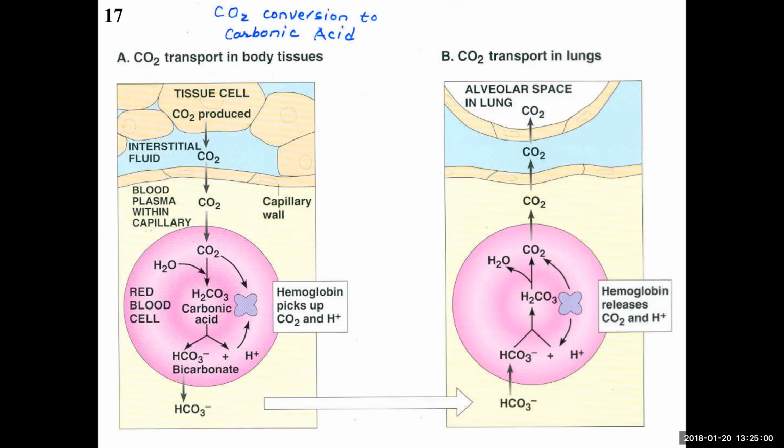When we get to the lungs, it leaves the plasma in the form of sodium bicarbonate, but it goes back into the red blood cell, and then it's going to be released to the air because the reverse reaction is going to occur. The carbonic acid is formed, and then it actually breaks up again. And so in this way, we can release the CO2.